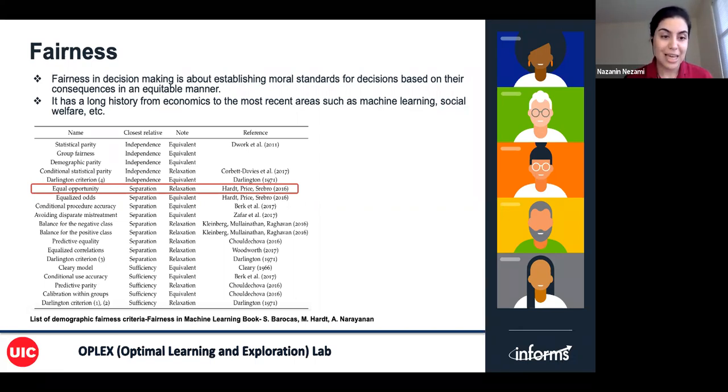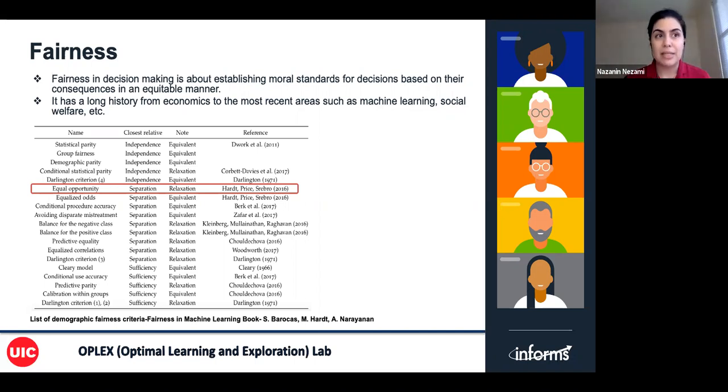If you look at this table, I picked it from the Fairness in Machine Learning book, and it has all these different notions of fairness. The notion of fairness that we adopted from the machine learning area and then applied to our own problem context was equal opportunity, or equity of opportunity.